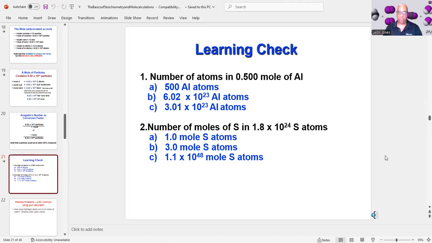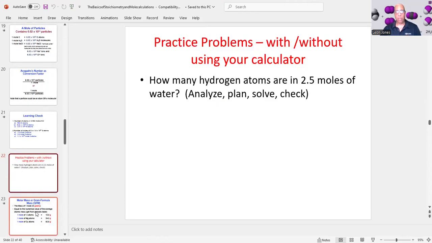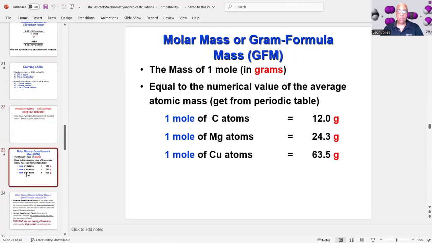It comes from matches. Again, you can practice problems with and without a calculator. So how many hydrogen atoms are in 2.5 moles of water? This is something you can do on your own.